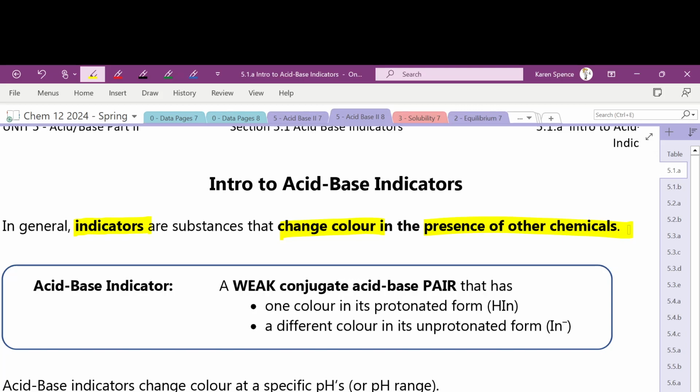In this unit, we are specifically looking at acid-base indicators. And acid-base indicators are a weak conjugate acid-base pair. It's not just one of them, it's both of them together.